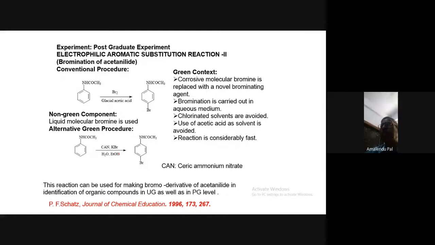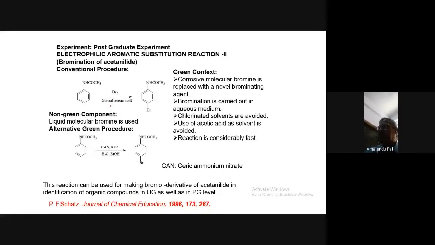In place of bromine, we are using these. So we are replacing corrosive bromine, which we have to avoid, and we also avoid acetic acid, although acetic acid could possibly be used rather than bromine. I'm saying bromine is dangerous; organic people who work with it may know about this.